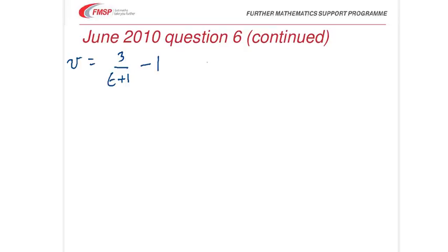Well, let's put v equals 0 so we can find the value of t. Well, v will be 0 when 3 over t plus 1 equals 1, and that'll be when t plus 1 equals 3, in other words t equals 2 seconds. So that's the time, and we want to find the distance.